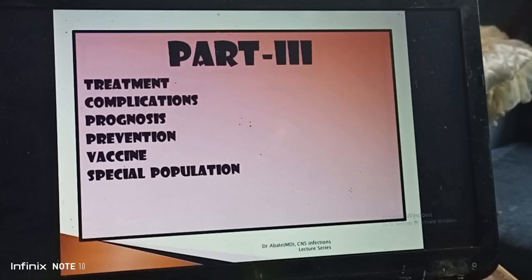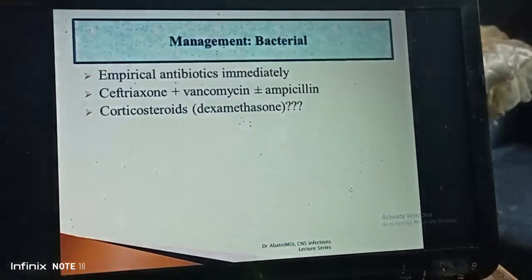In this part three of the lecture series, we will see the treatment of meningitis, its acute and chronic complications, the prognosis of meningitis, and the prevention mechanisms, how we can prevent meningitis, and vaccines that are possibly available in our world currently, and the special populations that need special attention to treat and make early diagnosis of meningitis.